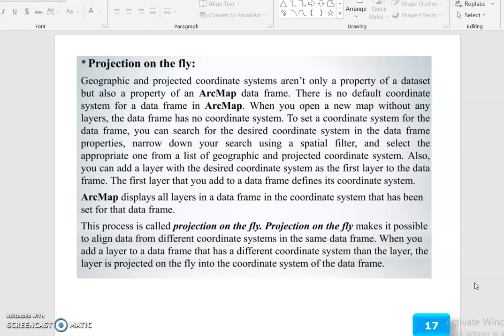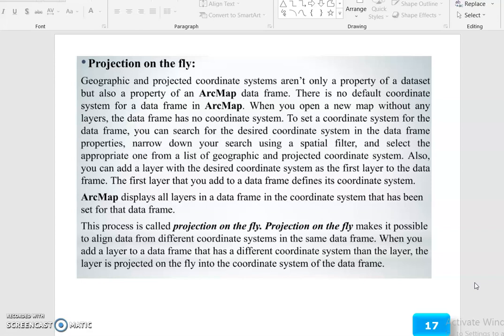Narrow down your search using a spatial filter and select the appropriate one from the list of geographic and projected coordinate systems. Also, you can add a layer with the desired coordinate system as the first layer to the data frame. The first layer that you add to a data frame defines its coordinate system. ArcMap displays all layers in a data frame in the coordinate system that has been set for the data frame. This process is called projection on the fly.